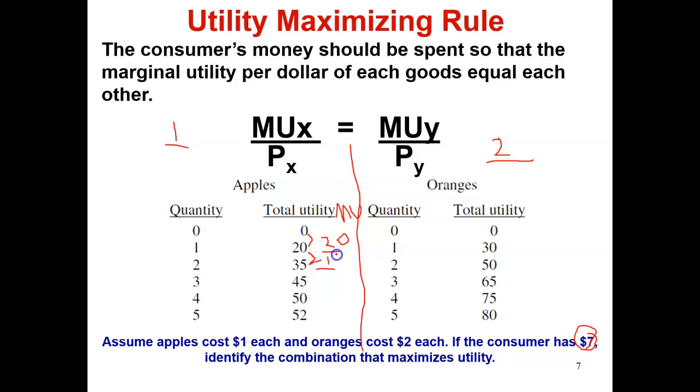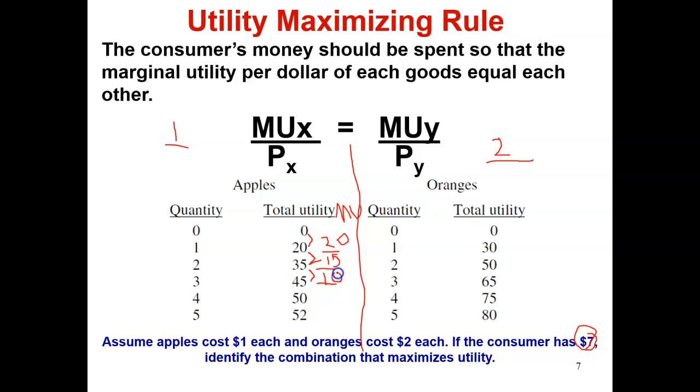Sorry, this is looking wacky because I'm drawing this with my little mouse. And then when you do 35 to 45, your total utility is increasing, but we're seeing our marginal utility is actually decreasing after the consumption of the first unit, from 20 to 15 to 10.